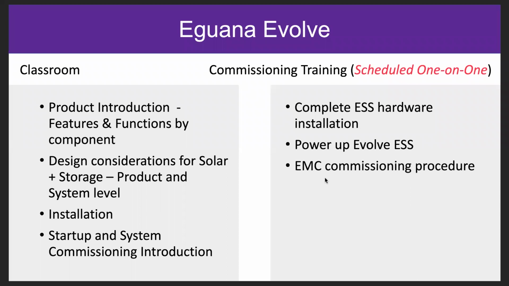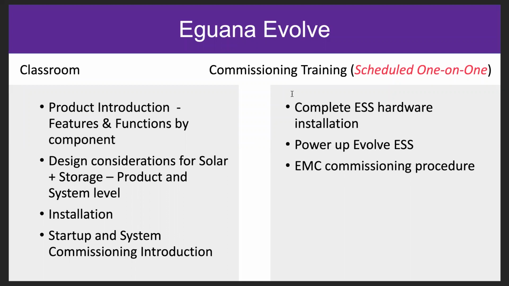So today we're going to be covering what's listed on the classroom section, the product introduction. We're looking at features and functions by component. We'll cover design considerations for solar plus storage, both at the product and system level. We'll look at installation requirements, as well as startup and system commissioning.